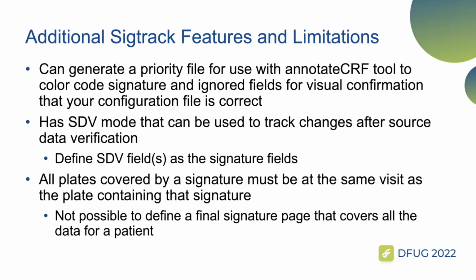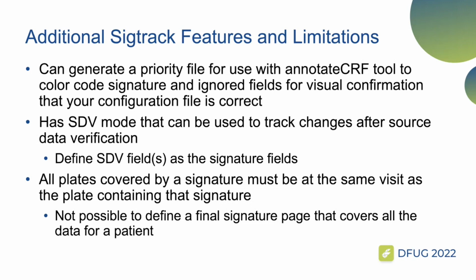So somebody comes in, fills out the form, somebody comes in, does the source data verification, and then somebody else comes in and changes the data fields. So now you need to know that you need to go back and source data verify it again. This tool can also be used to find those fields, and it'll also tell you which fields changed and what their values were prior and what they are now. So that's kind of helping you find the needle in the haystack.